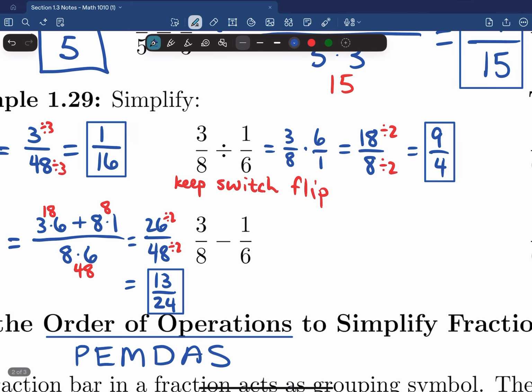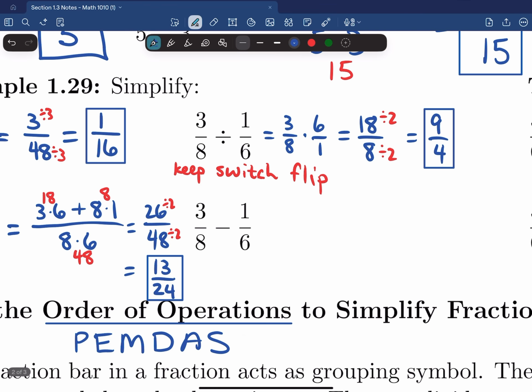Lastly, let's try subtracting these two fractions. They don't have the same denominator once again, so we're going to multiply 3 times 6 and then subtract 8 times 1 and divide by 8 times 6.